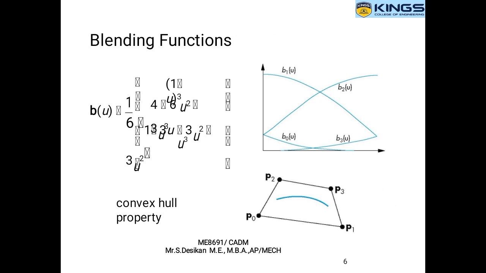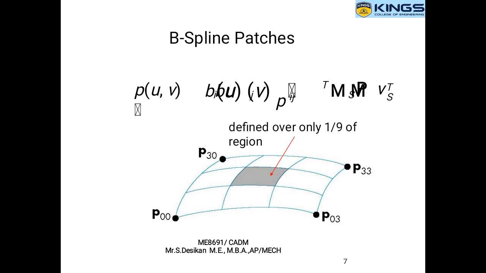Next one is called the blending function example. The blending function has the convex hull property. That means when a curve is there, it has a link like P0, P1, P2 and P3. So B-spline patches come like this.